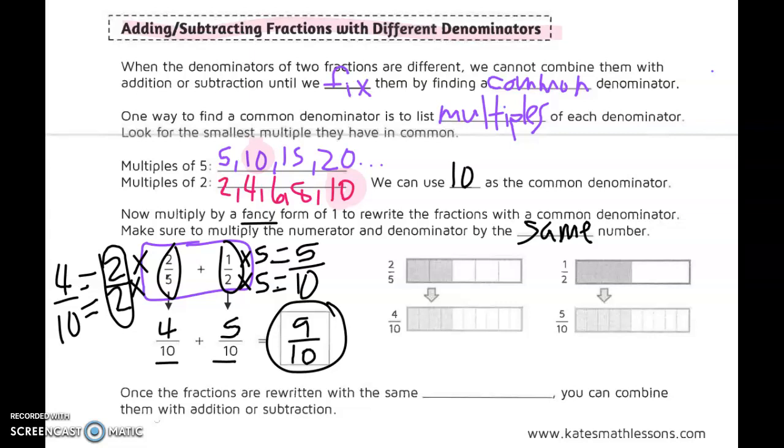Okay? So that is how we solve them when they have different denominators. Once the fractions are written with the same denominator, you can just combine them and do what we did at the top whenever they were the same.